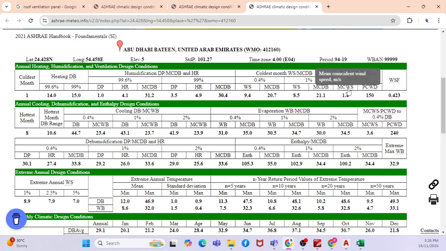This is the velocity for that region, 1.4. Can you see here? Mean coincident wind speed, 1.4. I've never noticed it. Yeah, thanks.